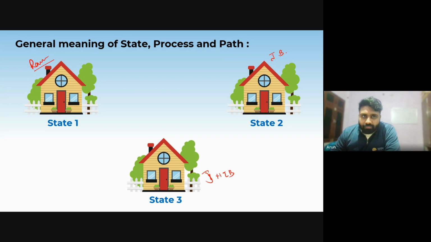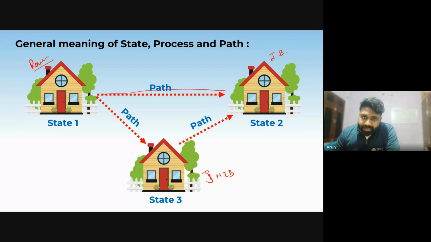Now you will understand what a state, a process, and a path are. So we have different states here. This is the path which connects state 1 to state 2. This is the path which connects state 1 to state 3. And this is the path which connects state 3 to state 2.